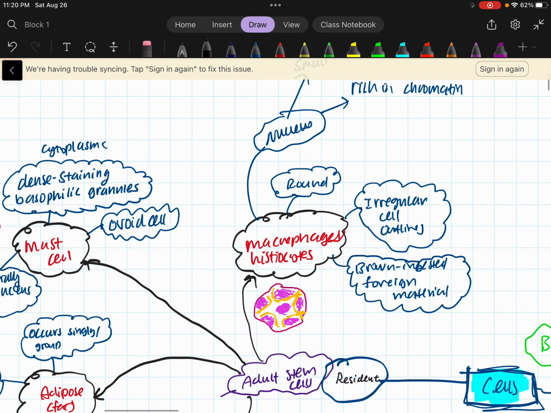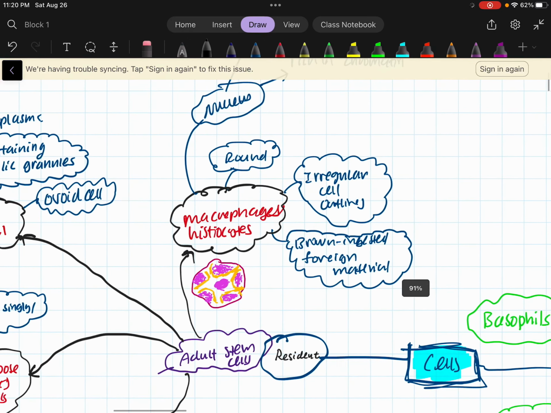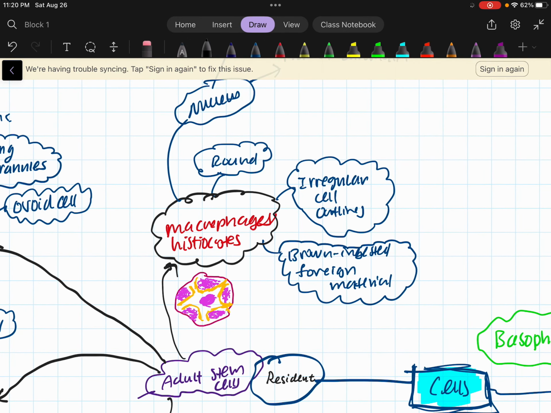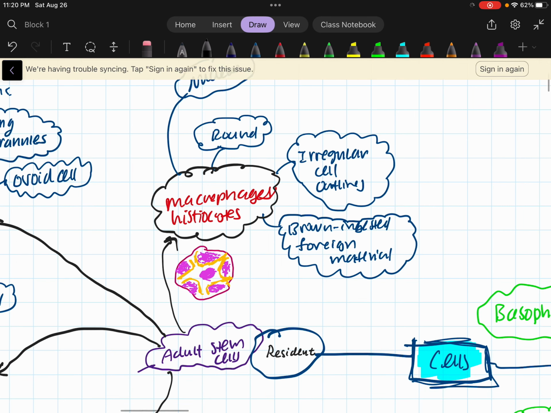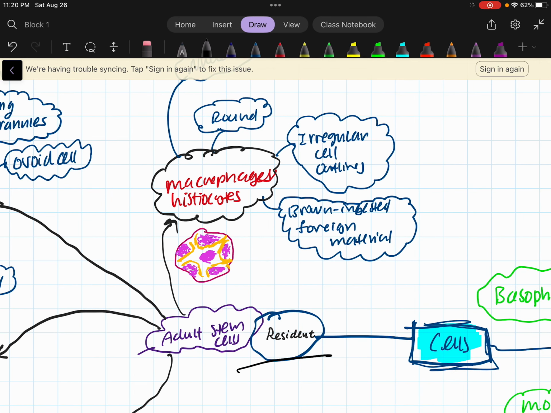Okay, next up would be the macrophages. According to the National Institutes of Health, these macrophages have another name, histiocyte. And so histiocyte is a morphological term referring to tissue-resident macrophages. And lo and behold, we're talking about resident cells today.